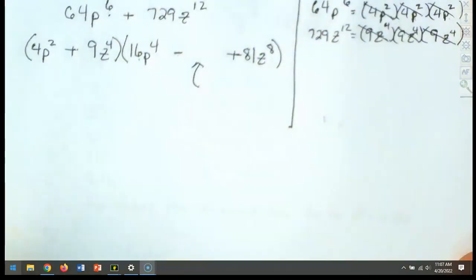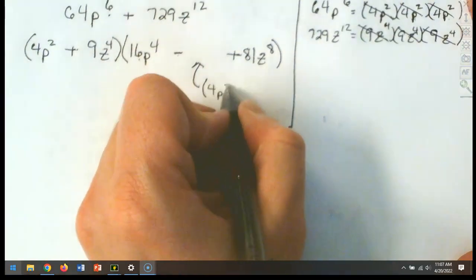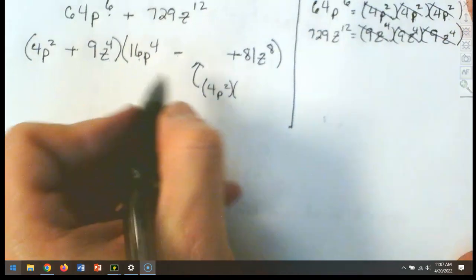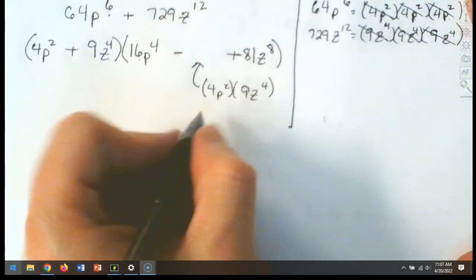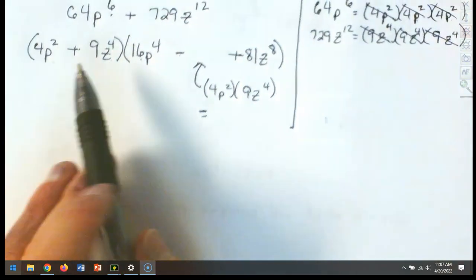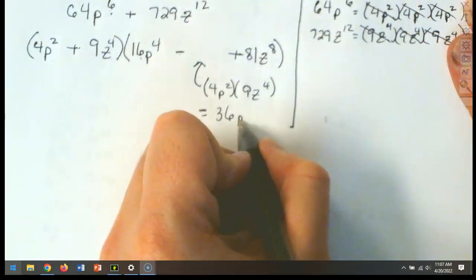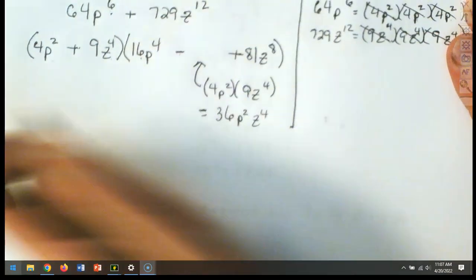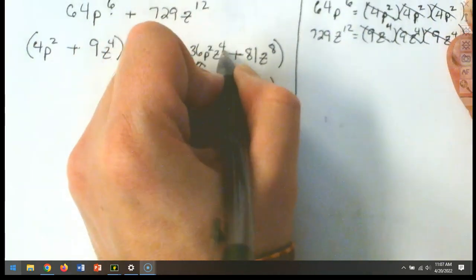Well, what's going to go in the middle is these two multiplied together. So it's just those two multiplied together. And 4 times 9 is 36 p squared z to the 4th. And that's it.